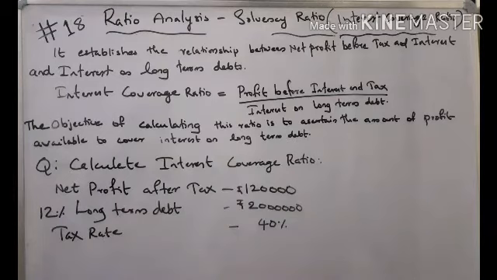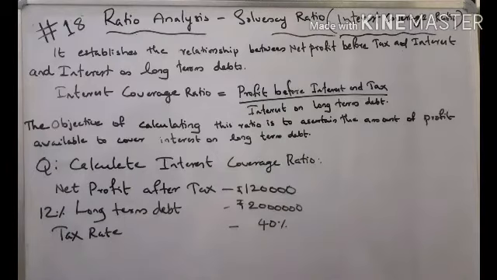Long-term debts means the debt we are taking for long-term purposes, that means the period is more than 12 months. So for that type of long-term debt interest, how much can this particular company pay off with the available profit of the company or not.